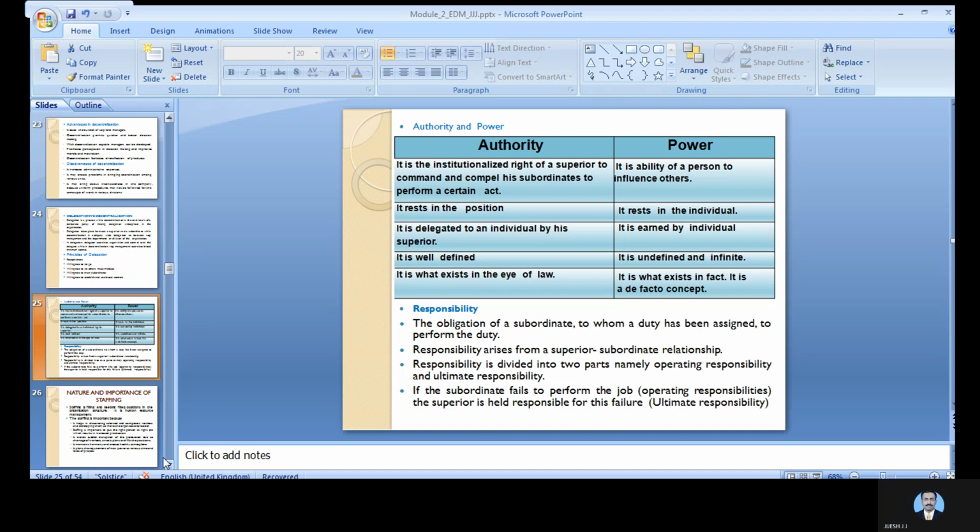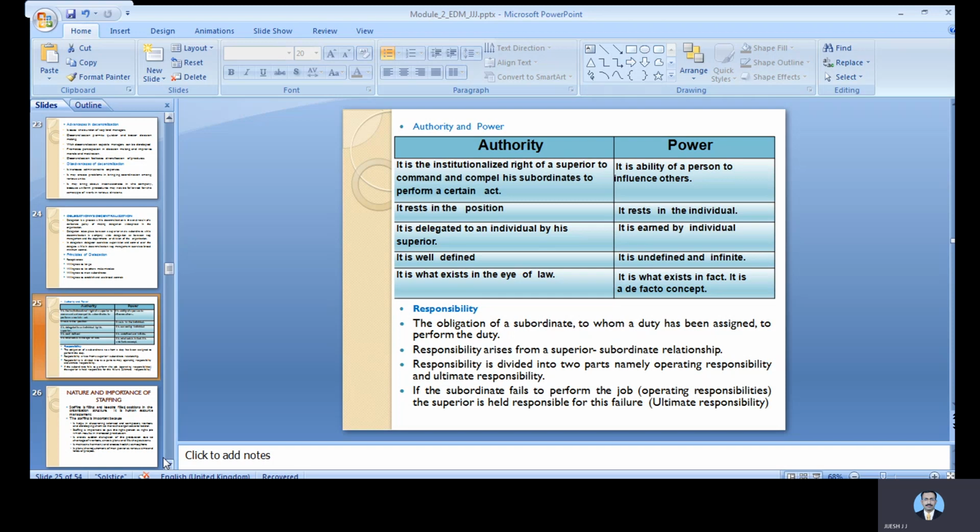Power is the ability of a person to influence others. You might have observed that the manager says something and you are not supposed to question it. You blindly do whatever is suggested, because it might have been suggested by his superiors. It rests in the individual, and it is earned by individuals. Some powers are earned by certain individuals because of their ability to withstand; they are dynamic, and they can withstand many problems.